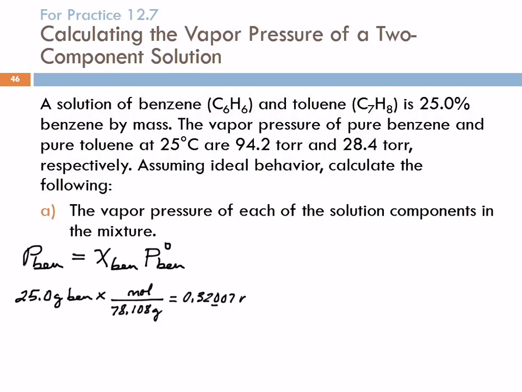That's moles of benzene. Then I must have 75 grams of toluene. I'm going to call him tol. Calculate the molar mass of toluene. Correct me if you find any mistakes. I got 92.134 grams per mole. And doing the math there, I get a number of moles of 0.81403 moles of toluene.